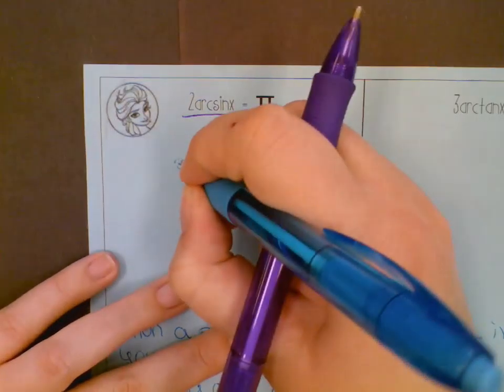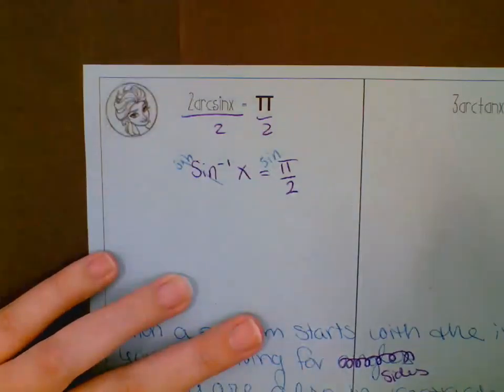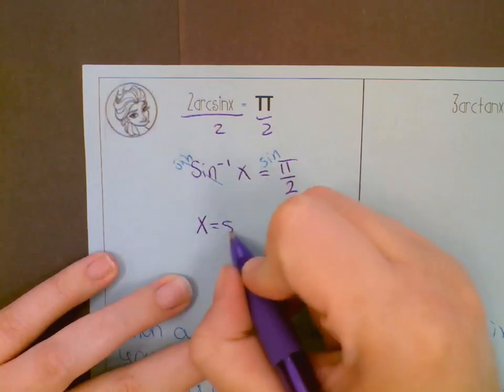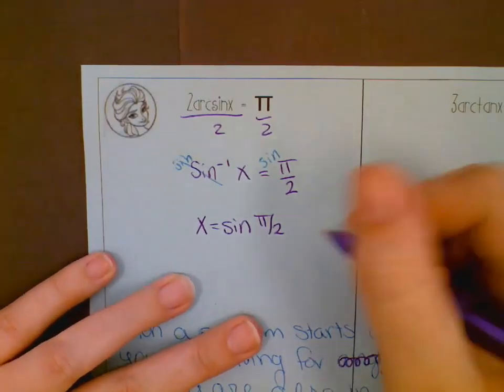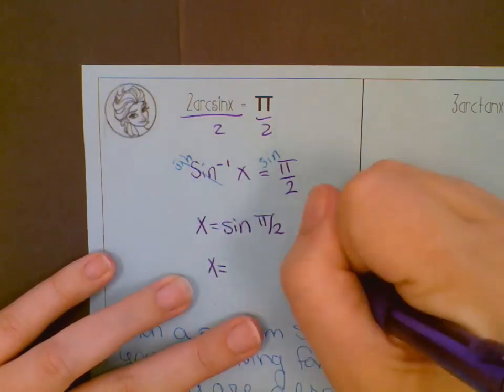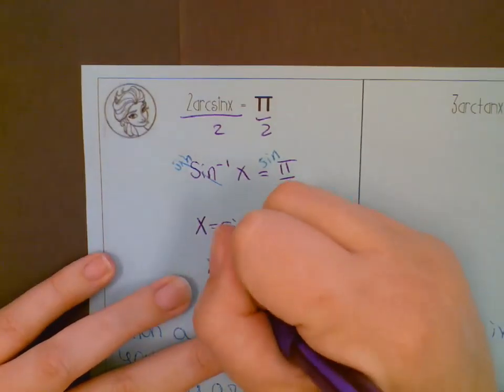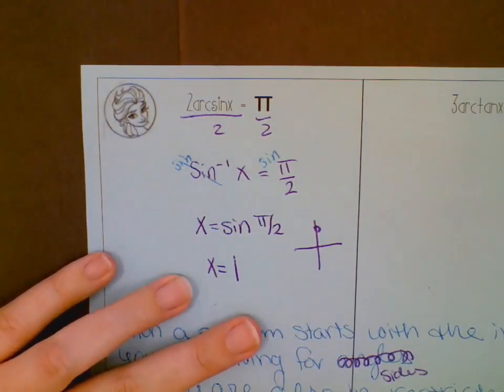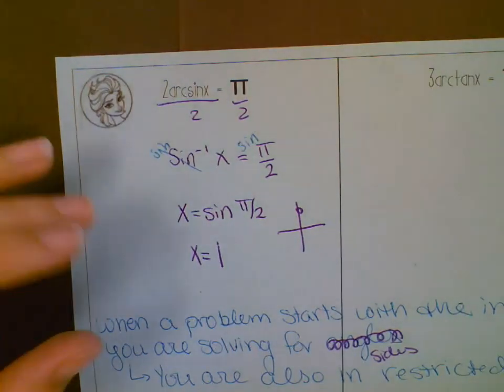Good, we would take the sine of both sides, because that's what's going to cancel out the sine inverse. So then I'd have x equals the sine of pi over 2. And so from there, we would just have to find out what the sine of pi over 2 is. And we know pi over 2 is right here, and at that point, sine is equal to 1. Okay, so that's pretty much it.